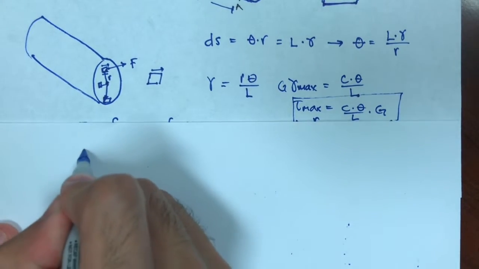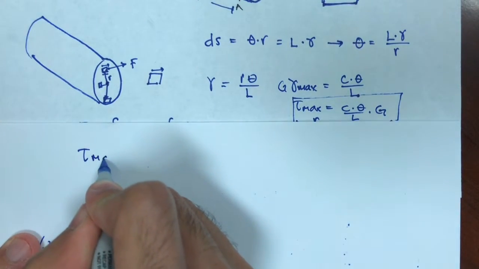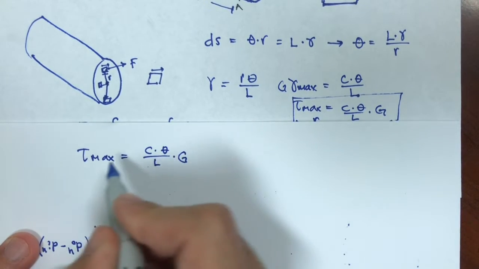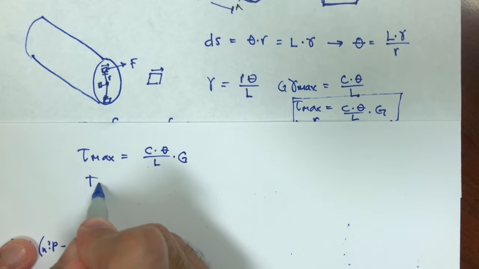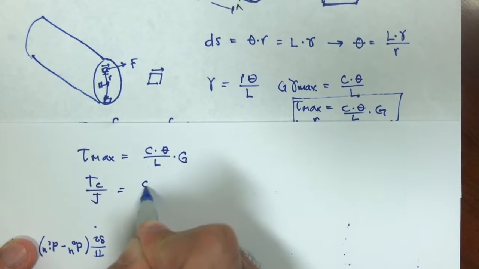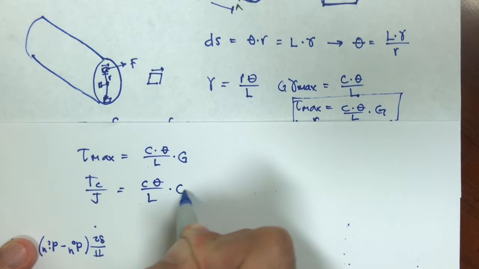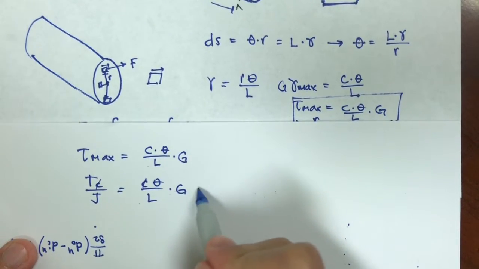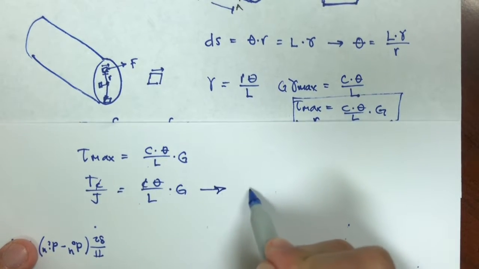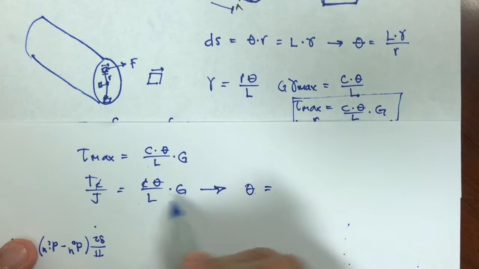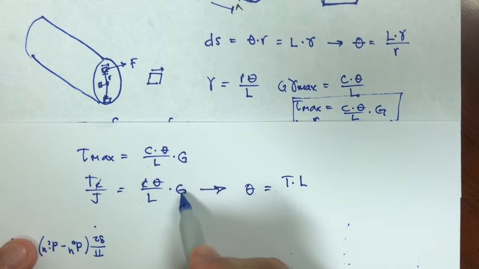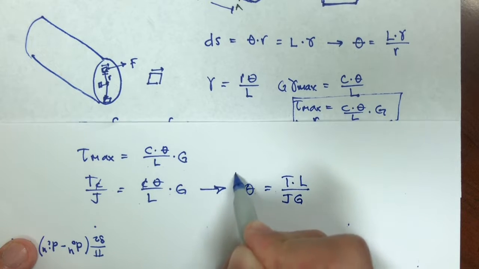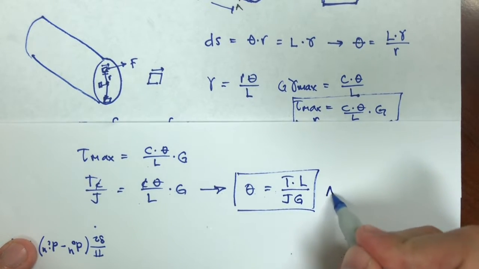So if my tau max is equal to C theta over L times G, and my tau max is TC over J, the C's go away, and what I'm left with for theta is T times L. L goes to multiply, and then G to the denominator, over JG. Okay, and this is what we call the angle of twist.